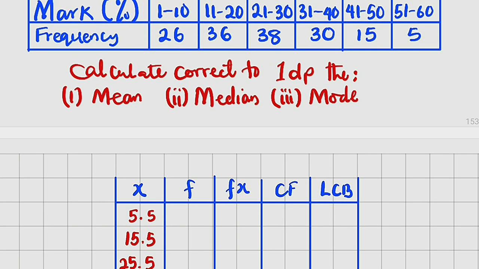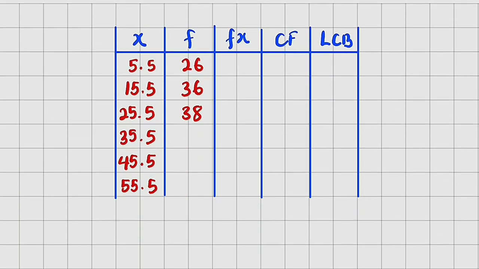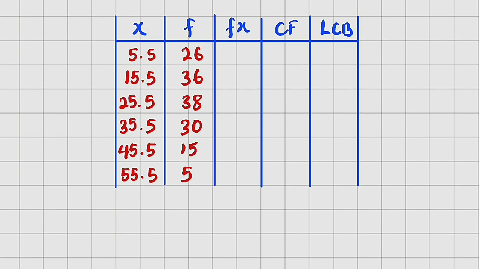Then we need the frequency, which is already given. We have 26, 36, 38, 30, 15, and 5. Then we need to take the product of x and f. Let's start with the first one, that is 5.5 multiplied by 26.